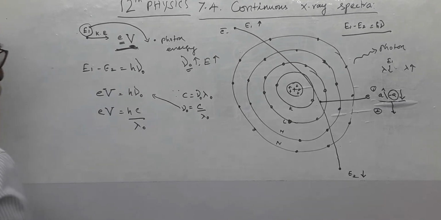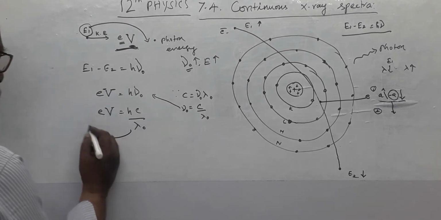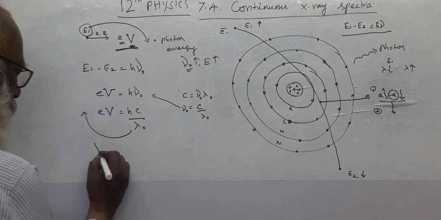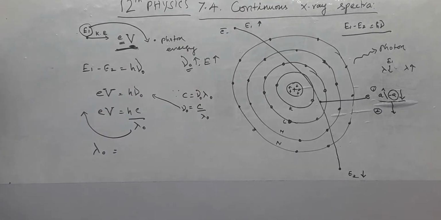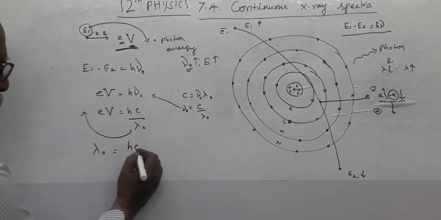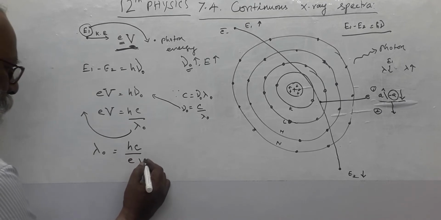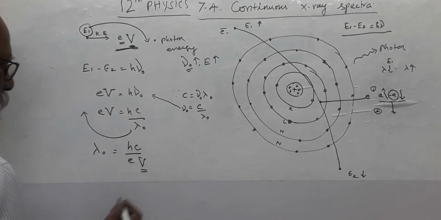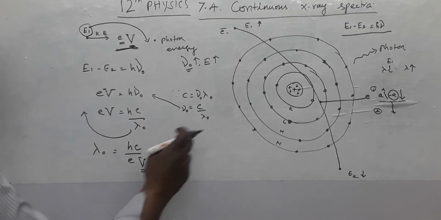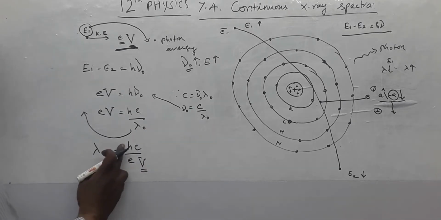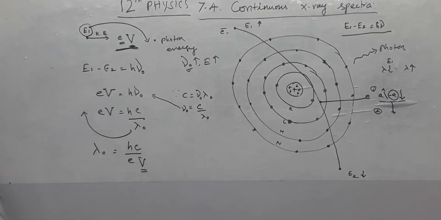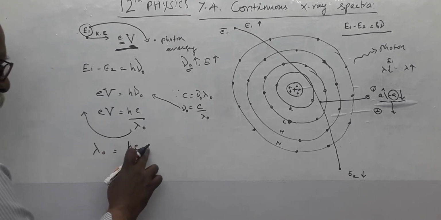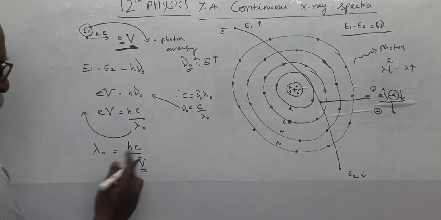Are you clear? Now we have to calculate the cutoff wavelength of this photon. Then lambda naught equals hc by eV. V is the accelerating voltage between the anode and cathode, h is the Planck constant, c is the velocity of light, and e is the charge of the electron.